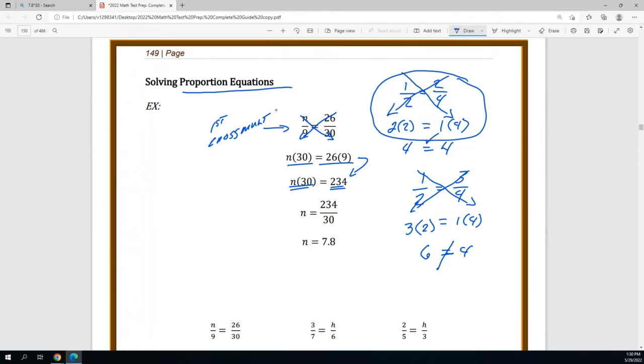The other side could not. So the next step is to take whatever the missing number is being multiplied by and divide the other side by that number. And that's what's happening here. So the first step is to cross multiply. The second step is to divide. After you do that, you're left with a result.